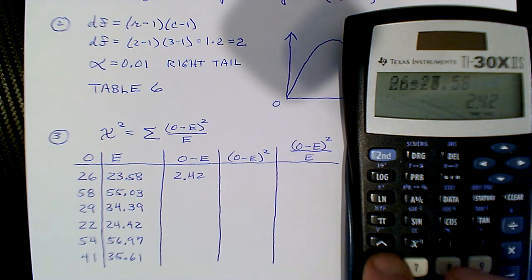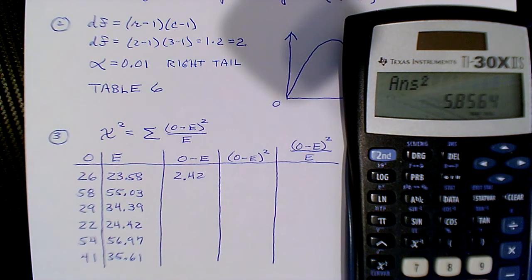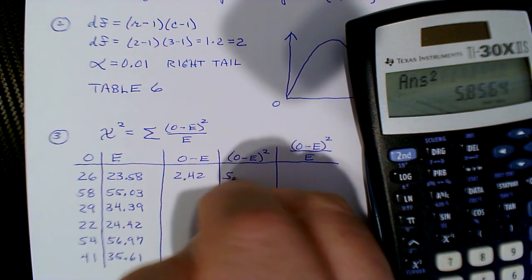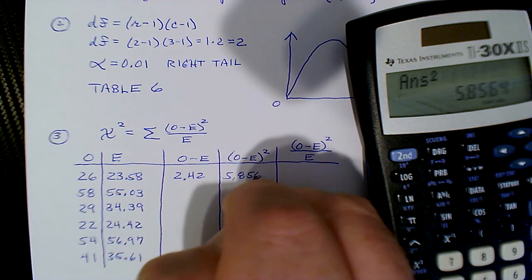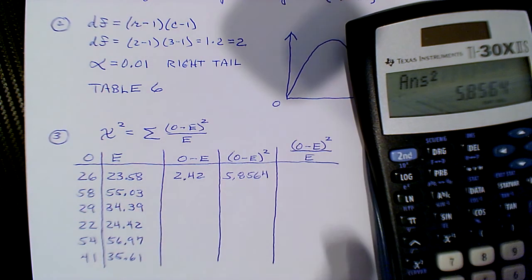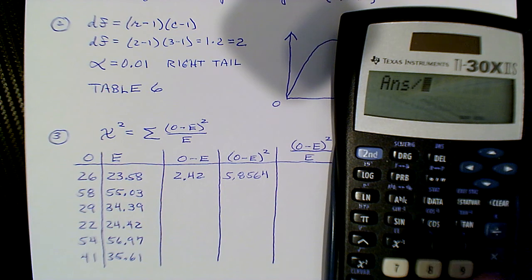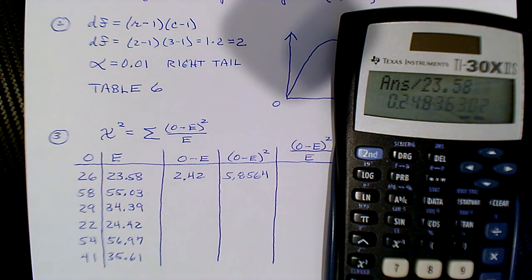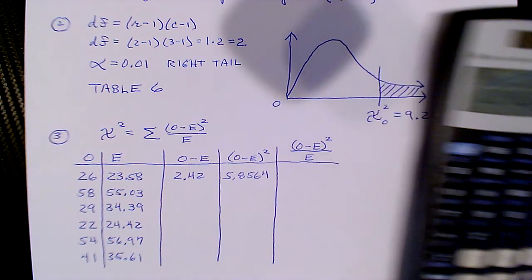Square it. Get 5.8564. And divide that by E, which is 23.58. And we get 0.2484 when rounded to 4 decimal places.